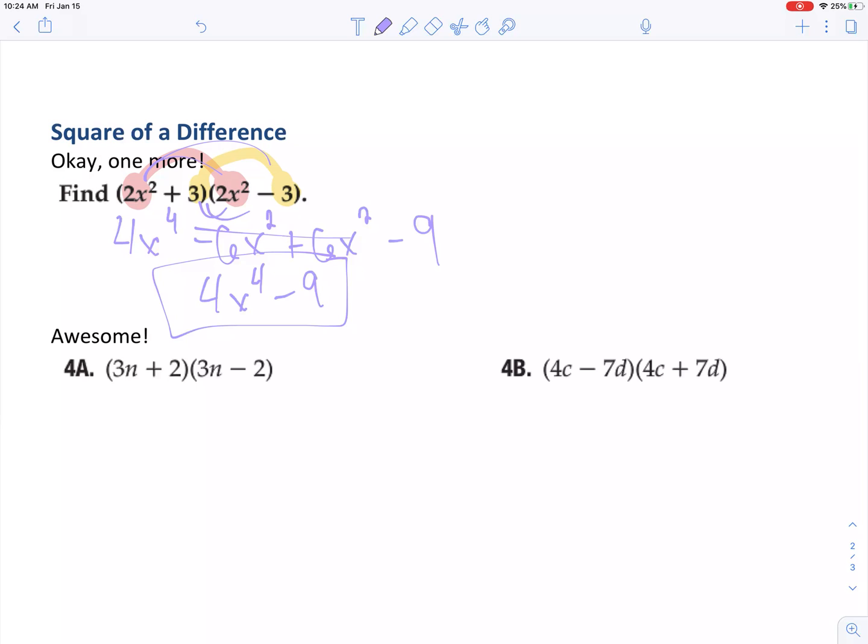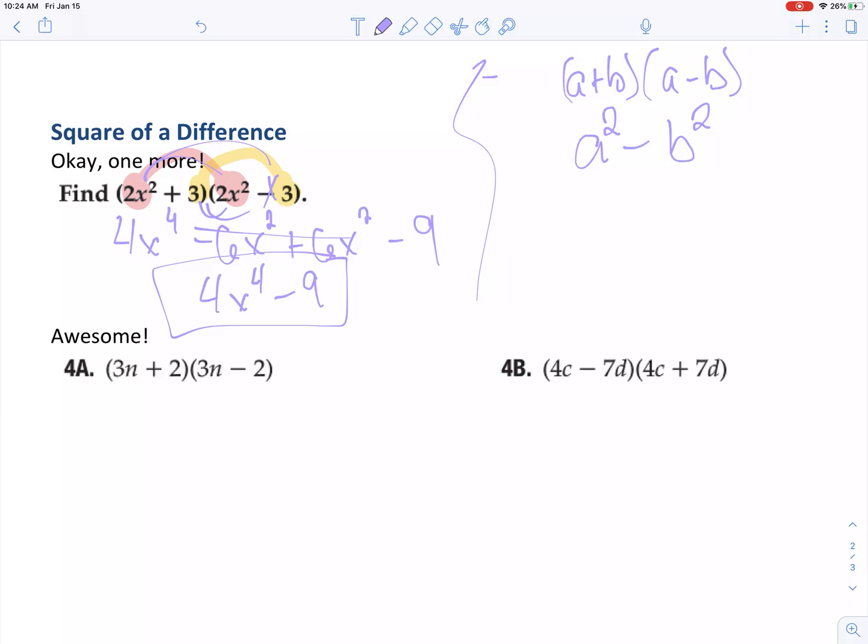So the way we shorthand that one is we say, if you have a plus b being multiplied by a minus b, where they're the exact same but change signs, your answer will be a squared minus b squared. That's it. Now again, when you do that, you're kind of just ignoring the minus sign on the second one.